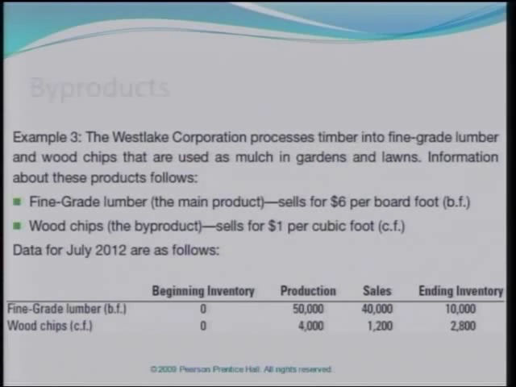Is this the amount of the costs? What do you think? Of course, as we can see here, according to our example, wood chips, which is the byproduct, sells for $1 per cubic foot. And according to our joint process, we produced 4,000 cubic feet.